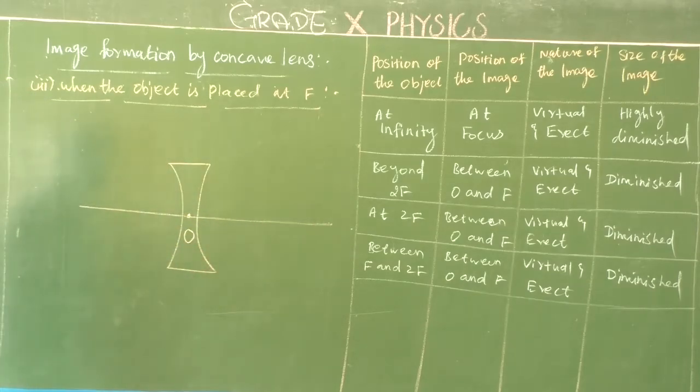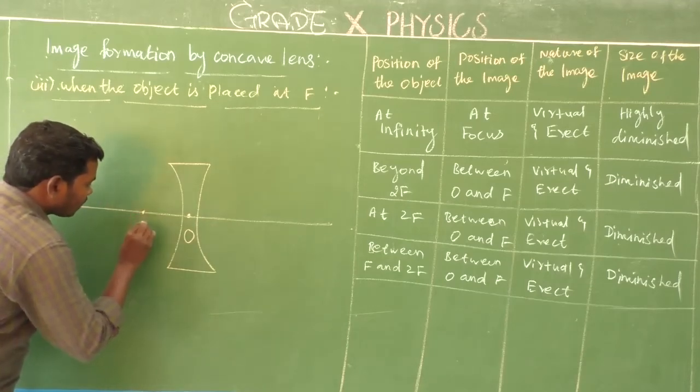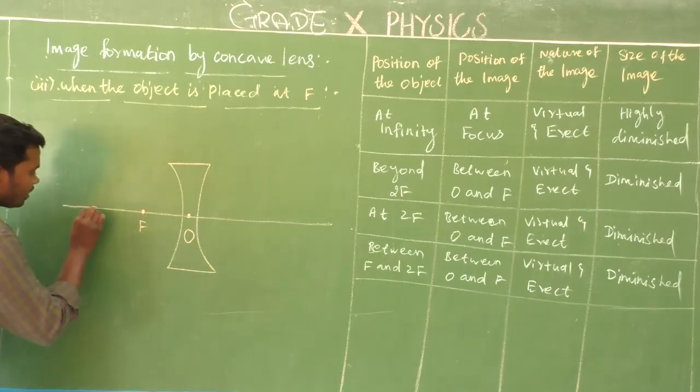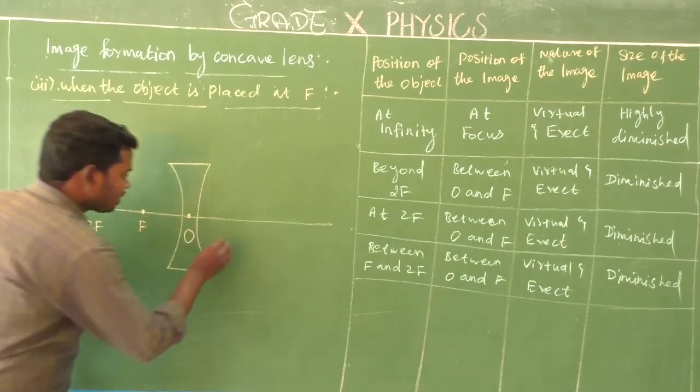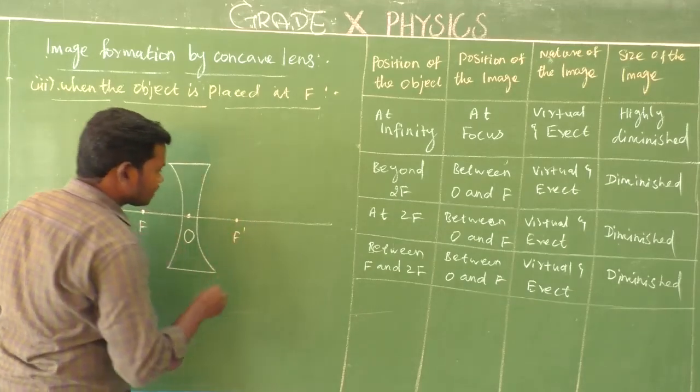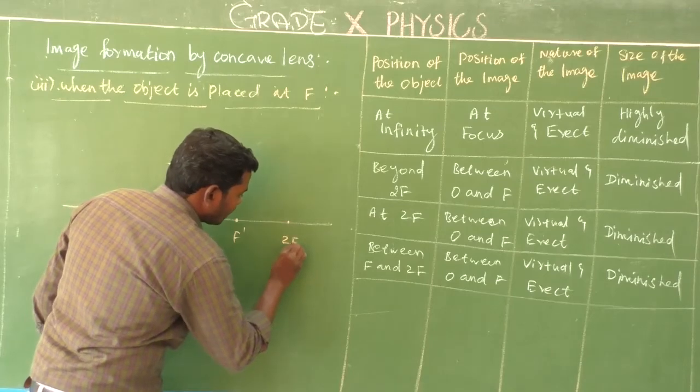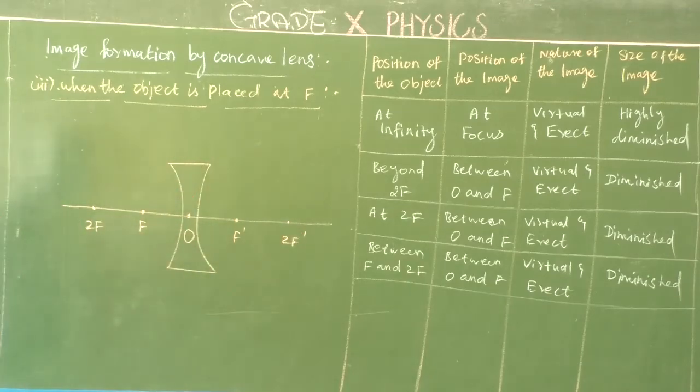Then this is the first focus of the concave lens, and this is twice of the focal length, and this is the second focus, and this is twice of its focal length. Is it clear? It's very simple.